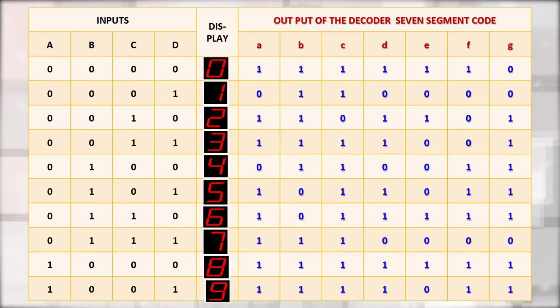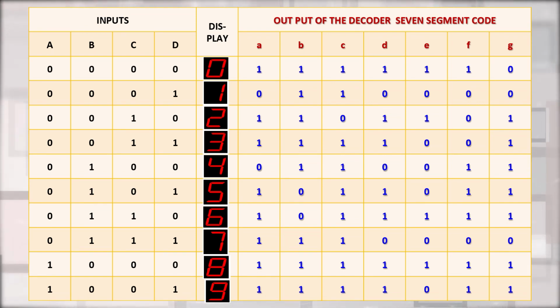For input 1, the b and c decoder outputs are high, remaining all others are 0. For input 2, the c and f, these two are at logic level 0 and all others high.